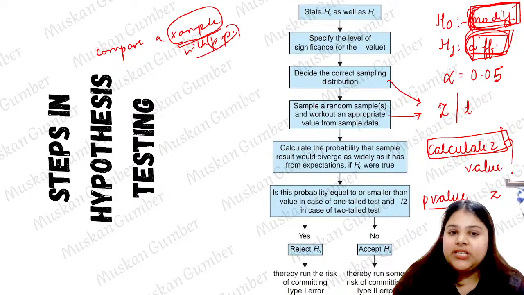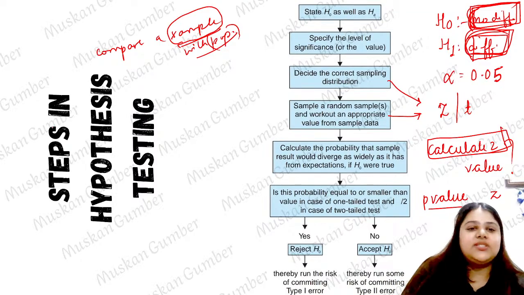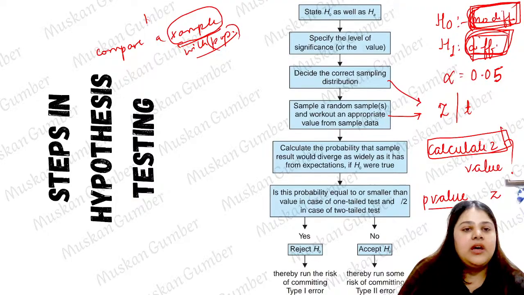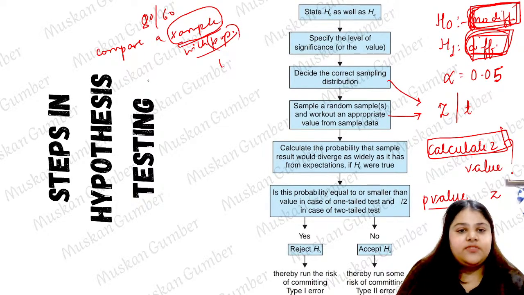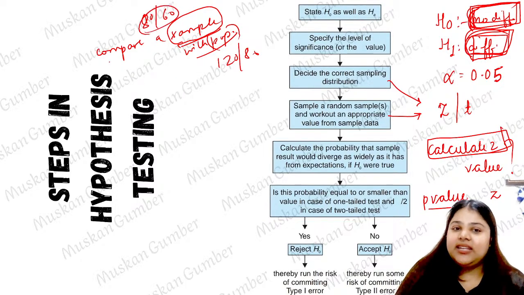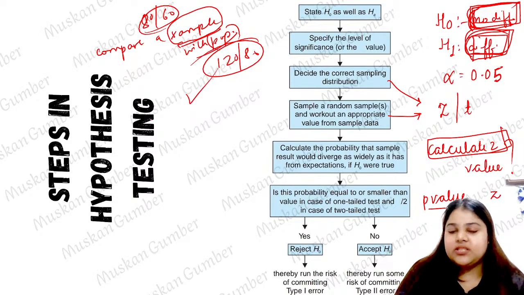So what I was doing, I was comparing the sample. For example, my sample got a BP of around 80/60. And the normal BP value which is accepted is 120/80, right? So there is indeed a difference, right? Which means my alternate hypothesis is correct and I will accept that and reject the null hypothesis.